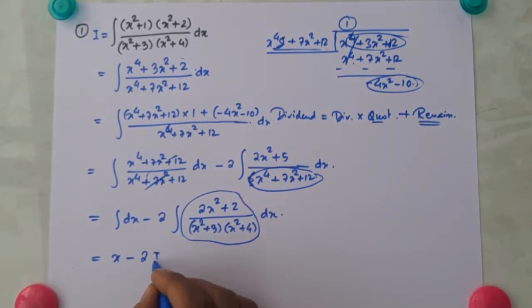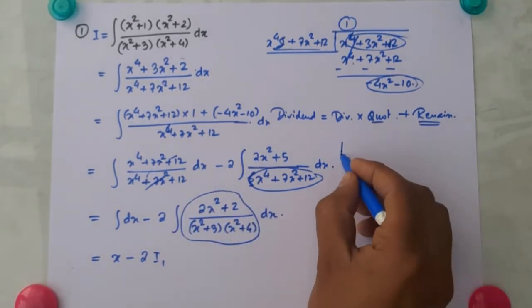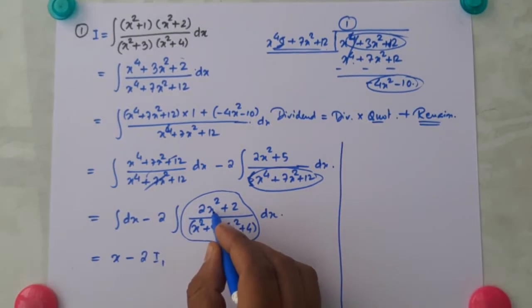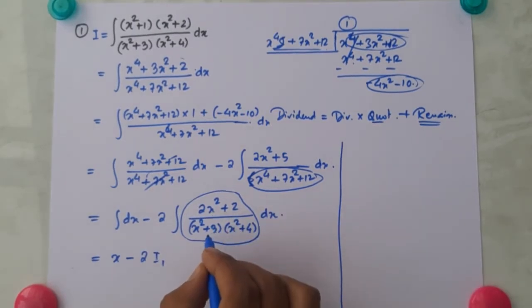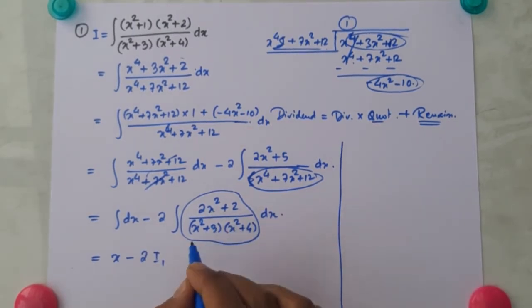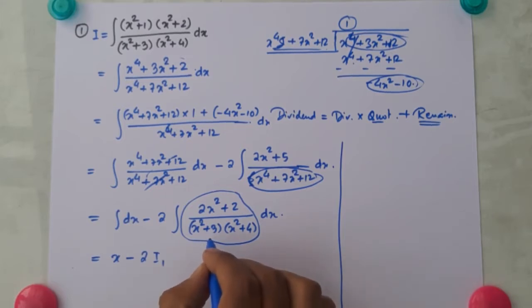Let me call this entire integral I1. This falls under the first category of integration using partial fractions. You have already seen this, isn't it?